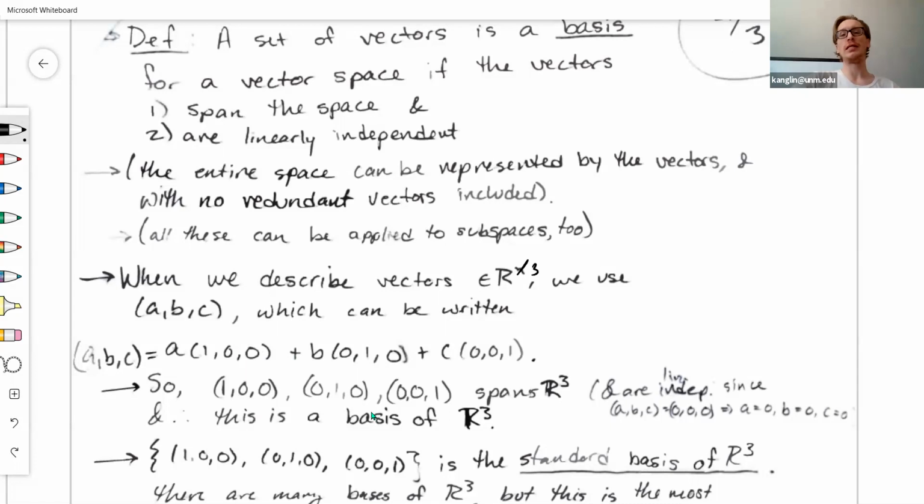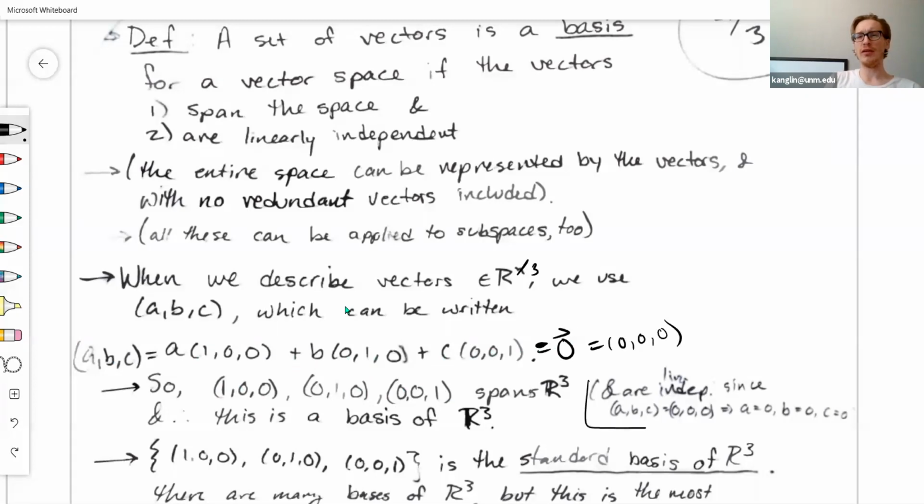And you can show very easily that these are linearly independent, because if you take a linear combination of these, like the one I have sitting here, a times the first, b times the second, and so on, and set that equal to the zero vector, which is what you do to determine linear independence, this linear combination equal to (a, b, c) is the zero vector now over here.